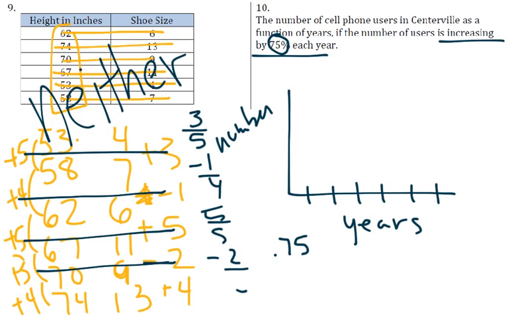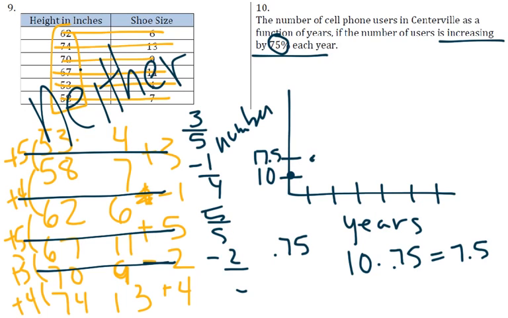Okay, so say we started out with 10 users, and then in that first year we'd get how many more users? Well, 10 times 0.75 is 7.5. So we add that to 10, and we'd get 17.5 for this year.